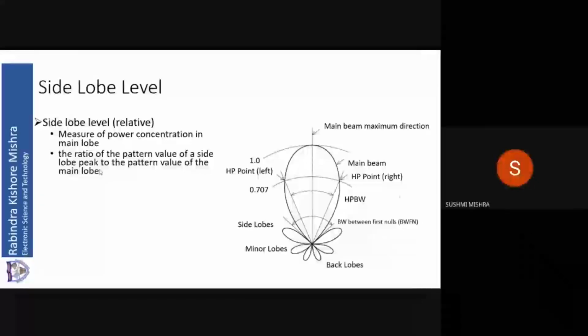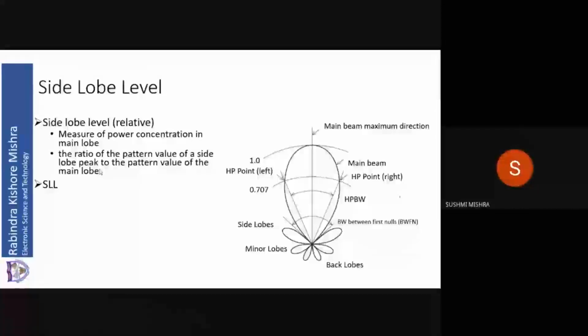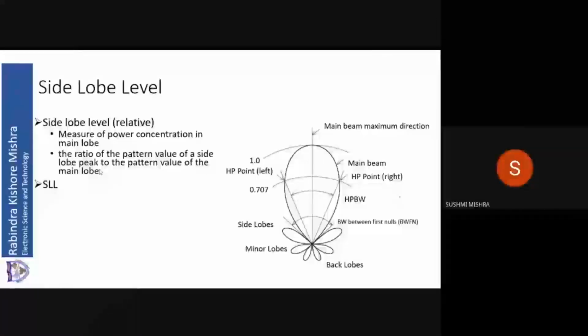half power is 0.707 or -3 dB. You know why it is 0.707 or 3 dB? Power is equal to E square. Therefore, half power: P is equal to half, which is equal to E square.